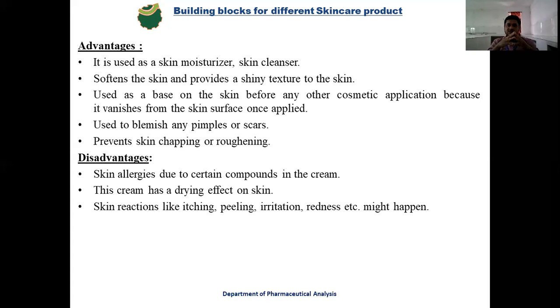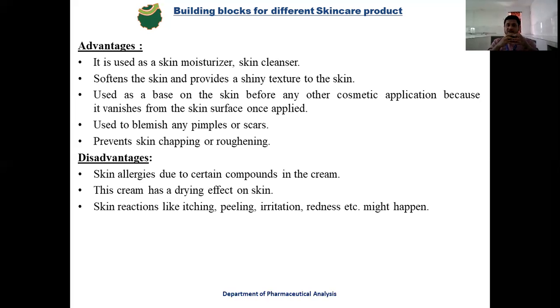Next, the disadvantages. There are certain compounds which can cause allergies. Sometimes a particular person can have an allergy to the stearic acid, or almost all vanishing creams have some alkaline substance, some alkalis.